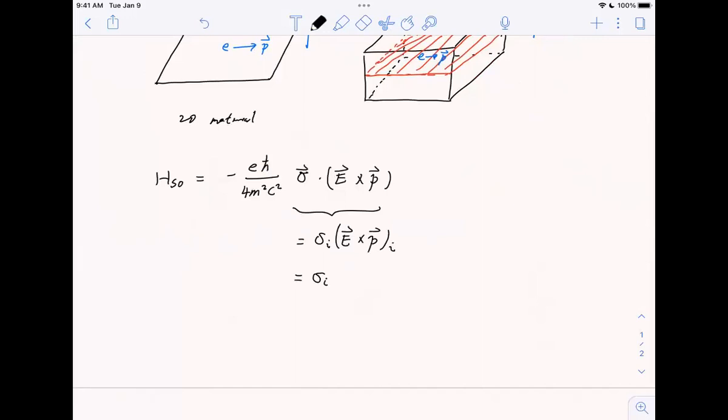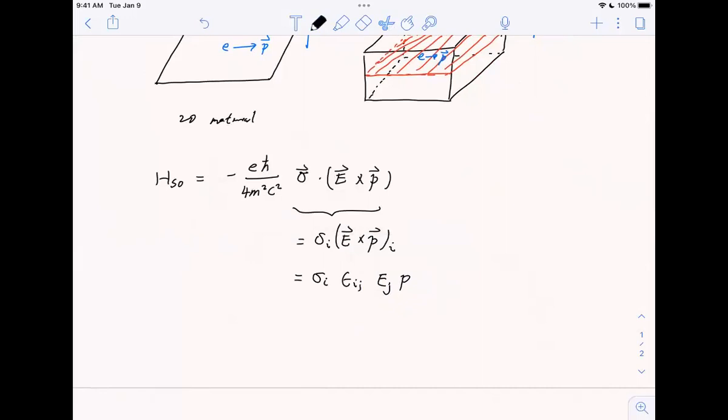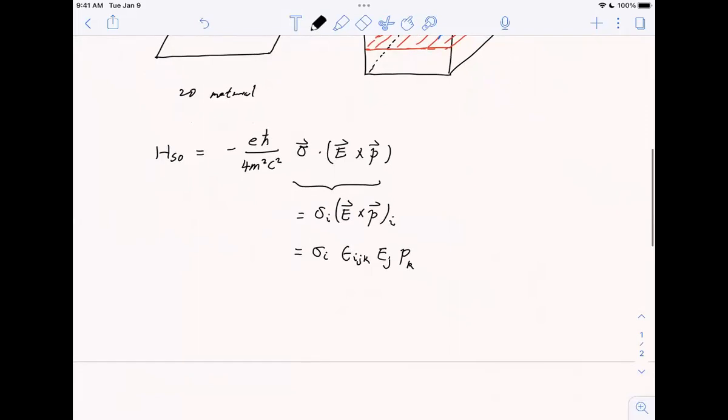So E cross P, the i component, will be epsilon_ijk E_j P_k. Okay. Then we want to move the electric field out.